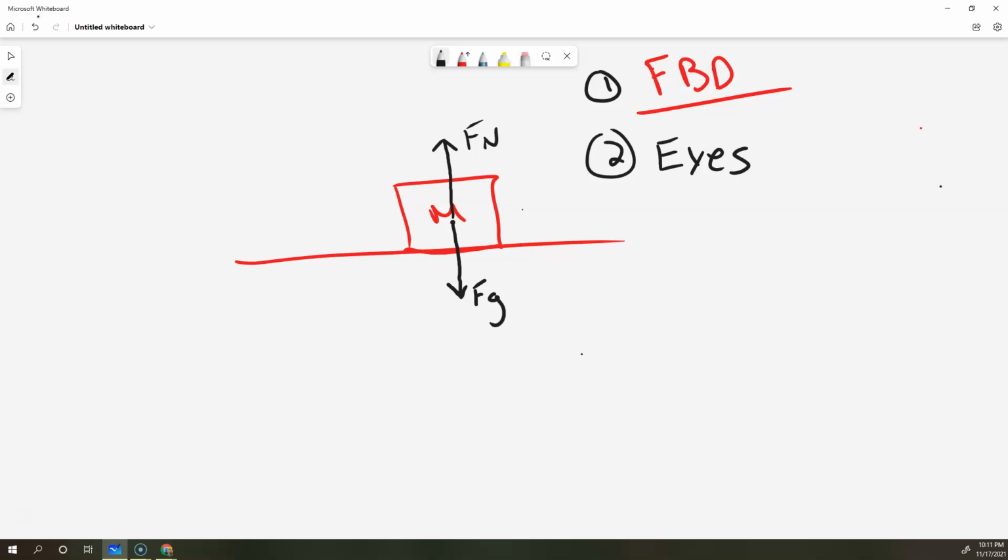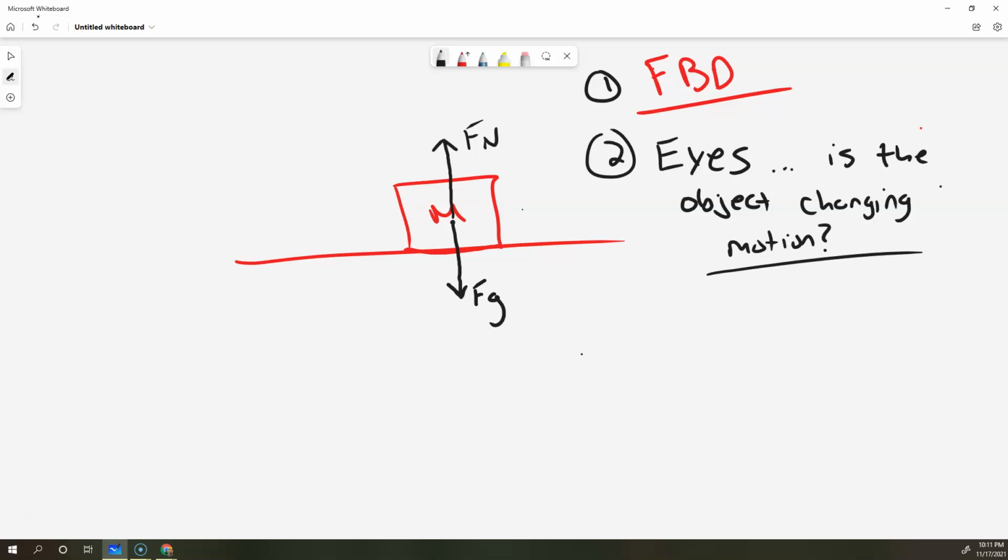We're going to use our eyes, or we're going to use what the problem tells us to determine, is the object changing its motion? What does that mean? That's a simple way of saying, is the object accelerating?